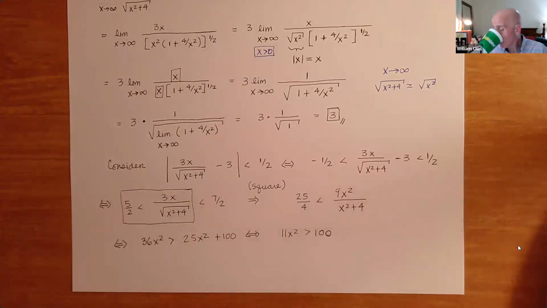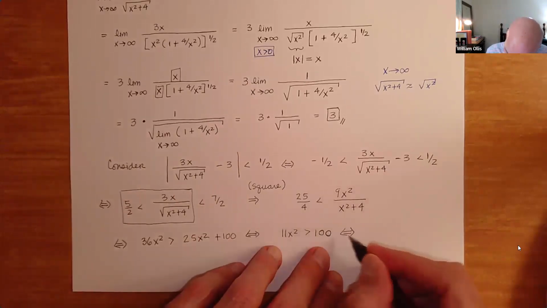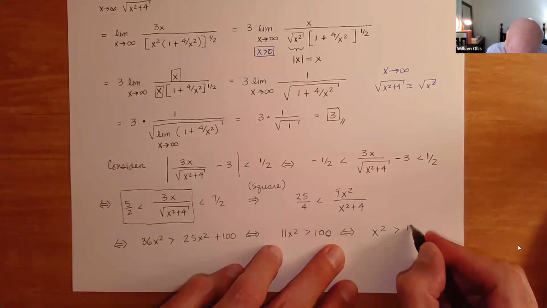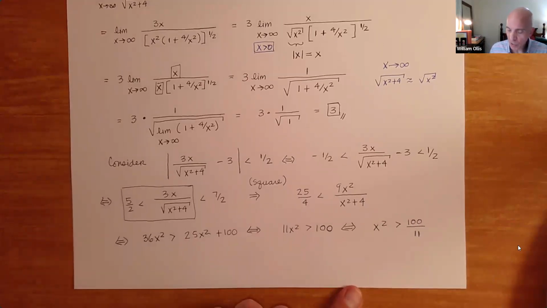So if you think of this, we could say equivalently, x squared is greater than 100 divided by 11. So if you look at this and you take square roots, then you have what we call a disjunction, okay? But we're only interested in the values of x being positive.